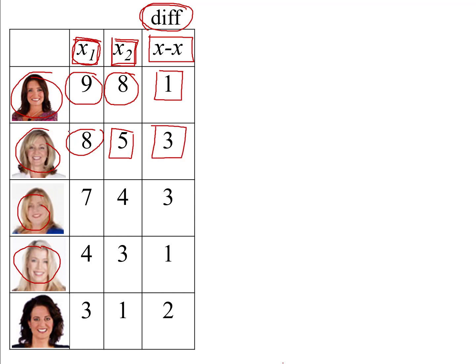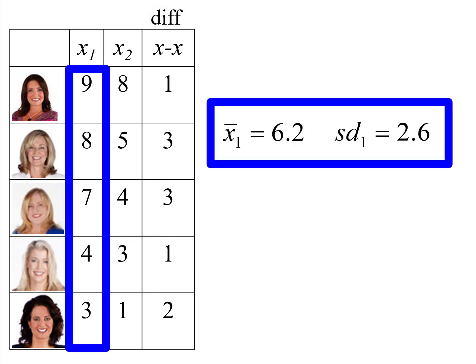So this means every single person has a score for x at time 1. Every single person has a score for x at time 2. And every single person has a difference score, which is your time 1 score minus your time 2 score, x1 minus x2. Note that in this example, we essentially have 3 different x variables that we could look at.